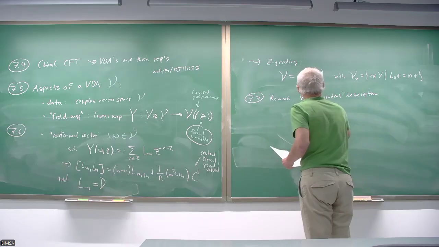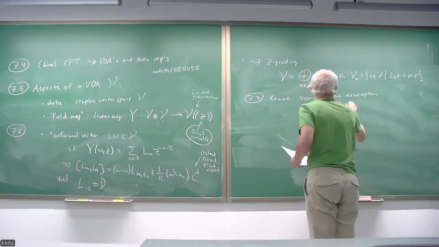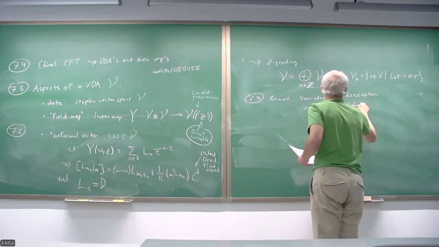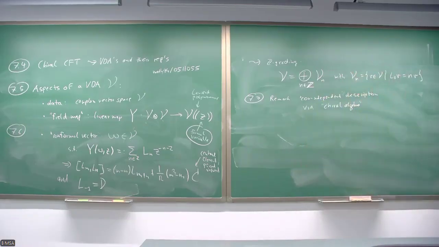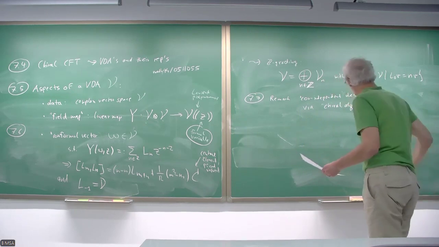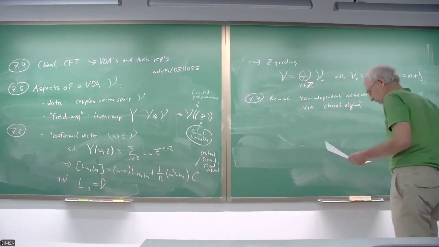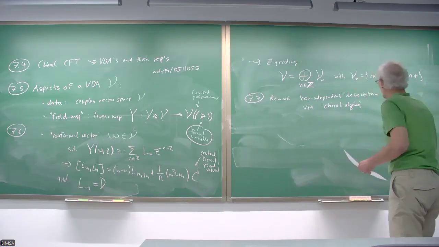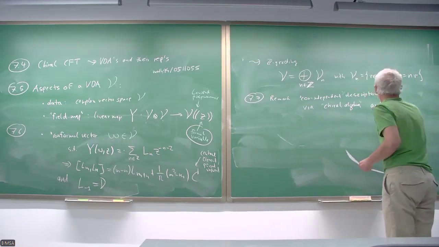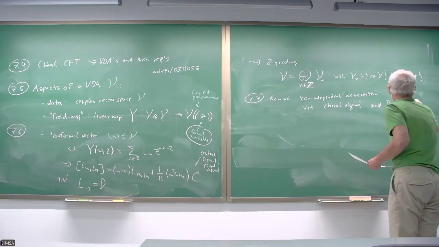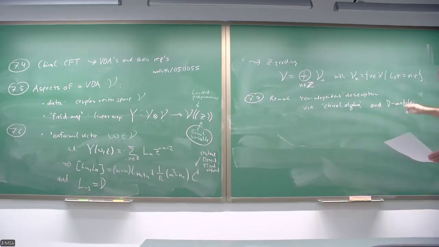Via the notion of a chiral algebra. Independent mathematicians use this term for something completely different. So this is Beilinson and Drinfeld, and modules. But I will not say anything about that, except that this is more general.